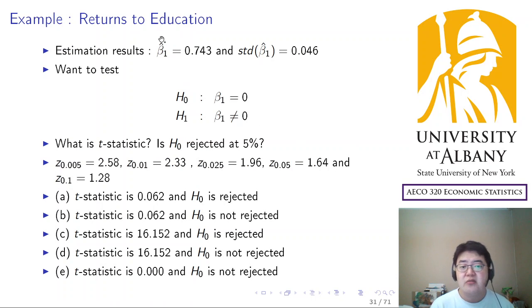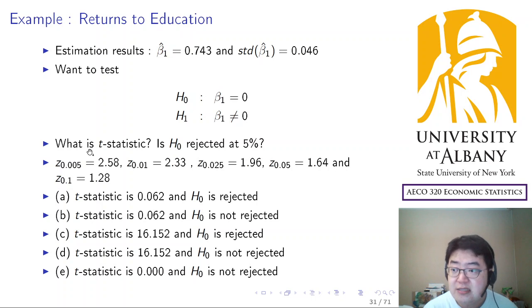And now let's think about hypothesis testing. We have the standard error and point estimator again. Calculate the t-statistic for this hypothesis test and determine if it is rejected at 5%. 3, 2, 1.